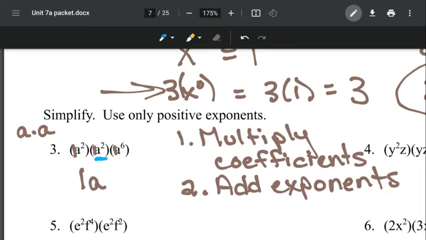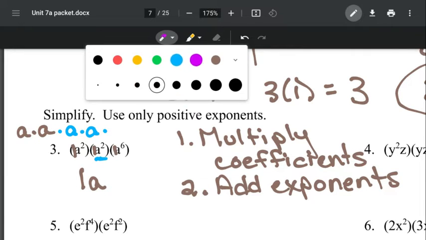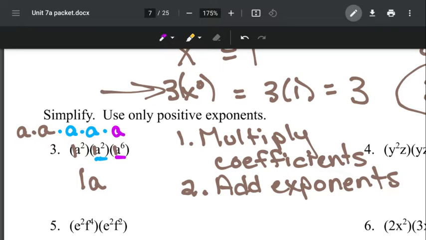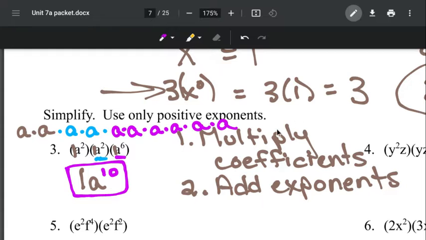The next one I have is a squared. And then the last one I have is a to the 6th. 1, 2, 3, 4, 5. So when you put all those a's together, you get a to the 10. That's why when you're multiplying, you add your exponents.